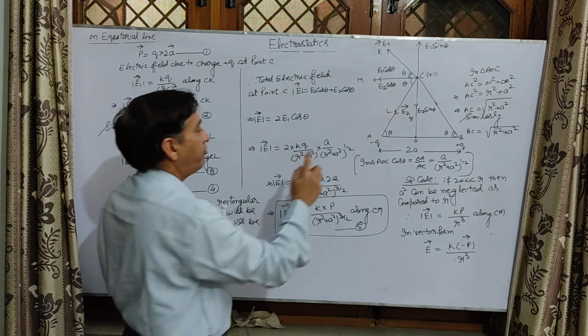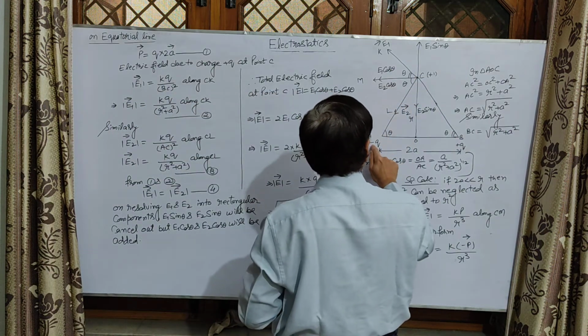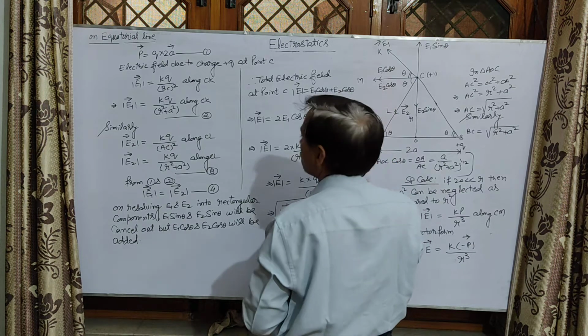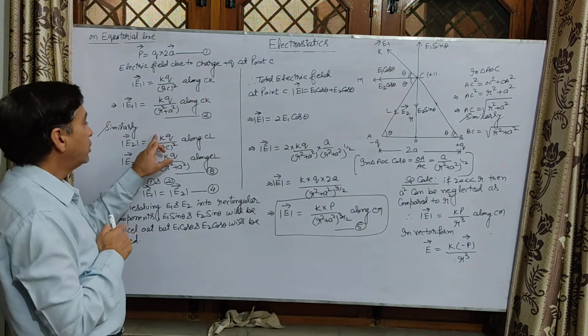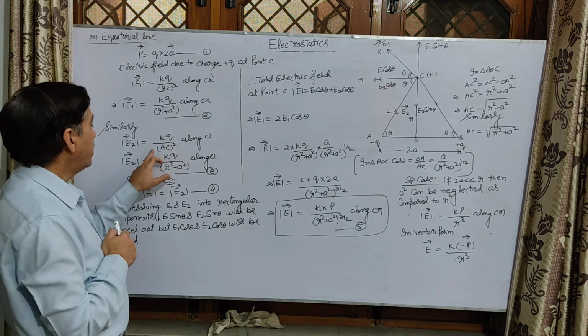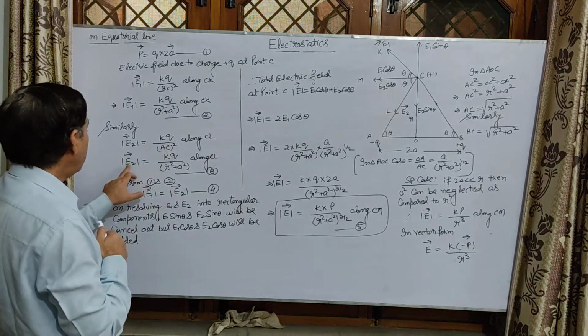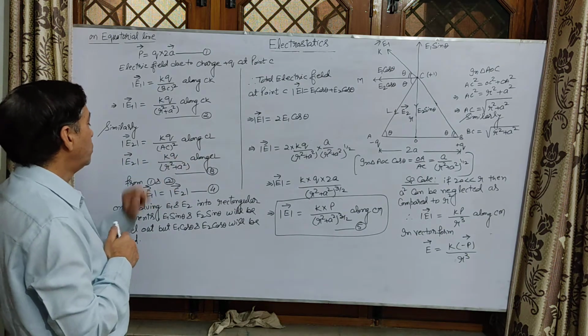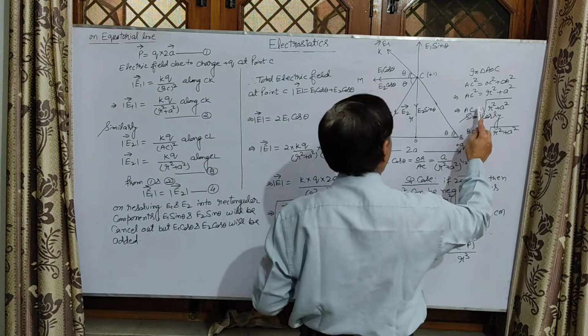Now, we will find the value of electric field at point C due to this point charge minus q. Then E2 equals kq upon AC whole square along CL. Then E2 equals kq upon, we will write the value of AC from here.